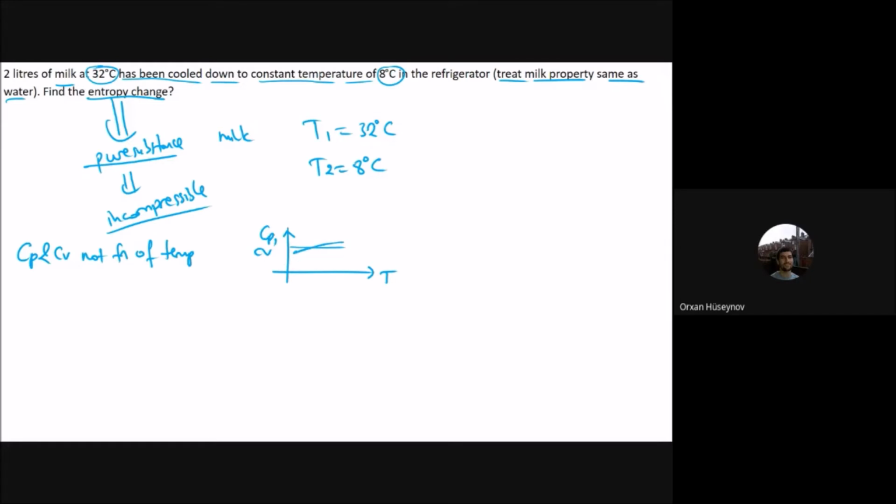The temperature difference, delta T, is small. Since delta T is small, we can say that Cp and Cv are constant. If you take the small delta T here, you can see the change is very small, and therefore we can assume that Cp and Cv are constants. Now I will just use the formula given here.